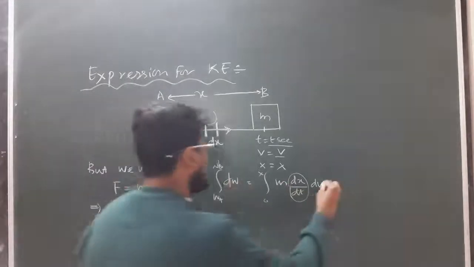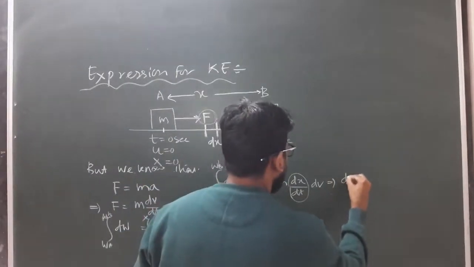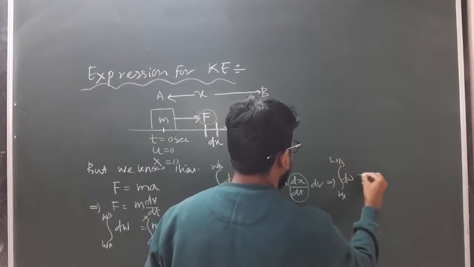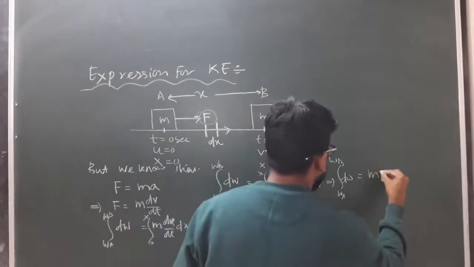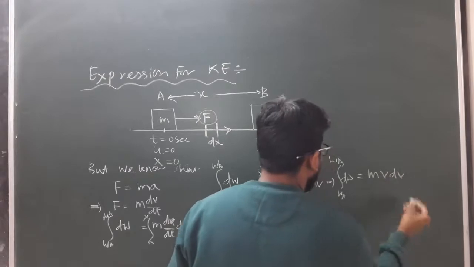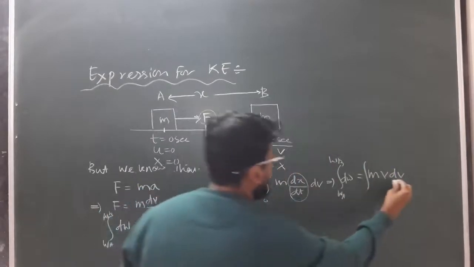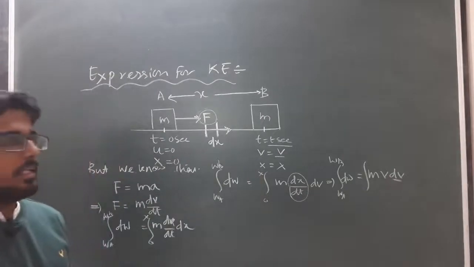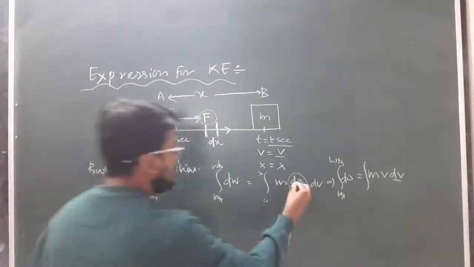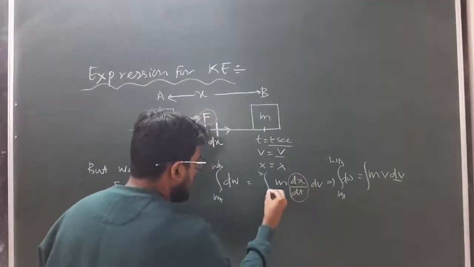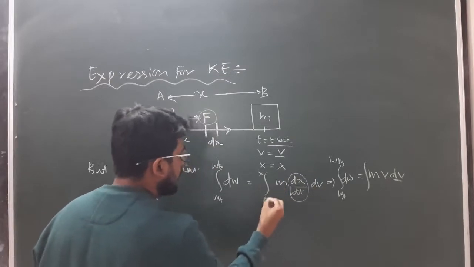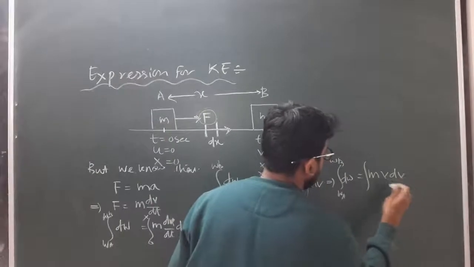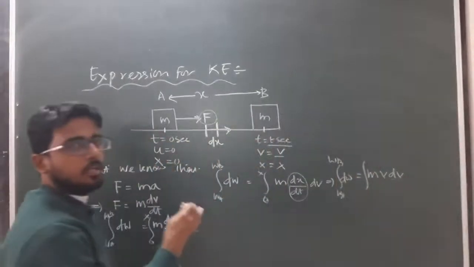Velocity. So we get dw from A to B equal to m into v into dv. Now the variable is velocity, so the limit will vary as the variation of velocity. Earlier the variable was x, that's why we took the limit as the variation of displacement, but as here the variable is velocity, we have to take the limit in terms of velocity.